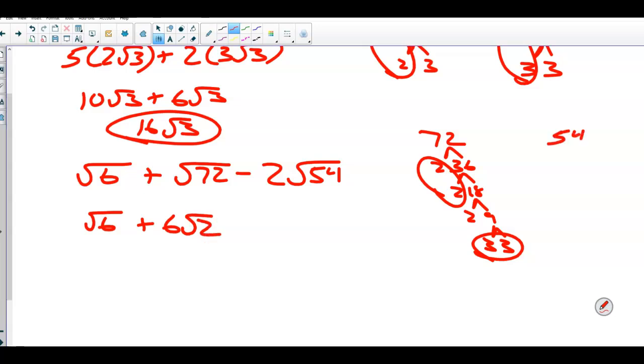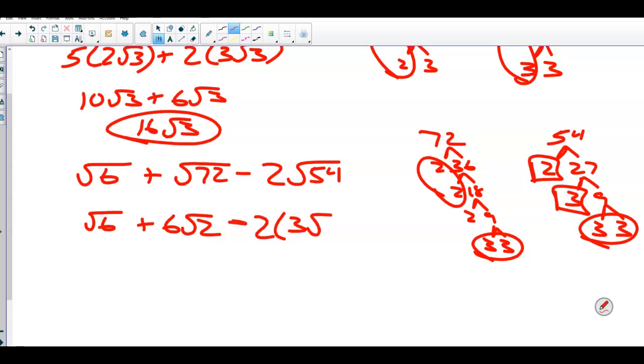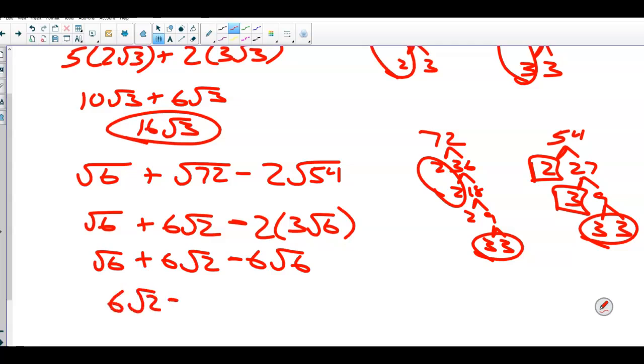But 54 becomes 2 and 27, 3 and 9, 3 and 3. We have a pair of 3s with a 2 and a 3 left over. So that becomes 3 root 6. Root 6 plus 6 root 2 minus 6 root 6. I can combine the root 6 and the negative 6 root 6. So 6 root 2 minus 5 root 6 is our answer.